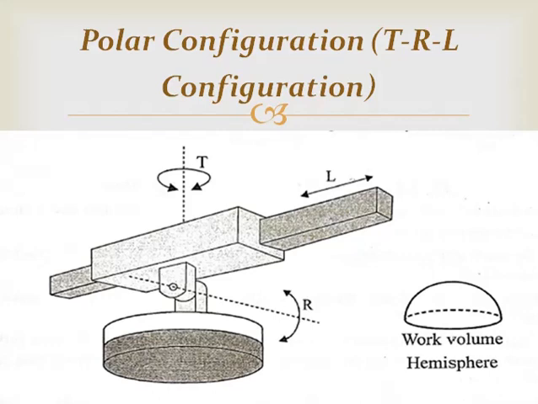The polar configuration system can be represented as a TRL configuration system, where, as we already mentioned, L stands for linear prismatic joint, R stands for rotational joint, and T stands for twist joint.